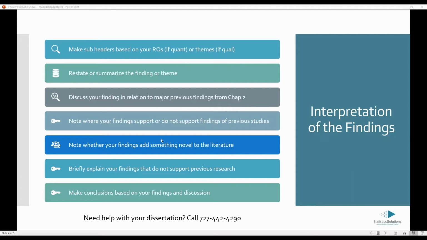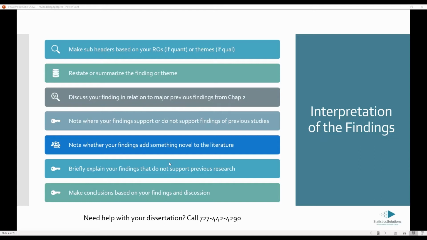But where your findings align with the findings of previous literature, you can make conclusions based on that. Where your findings don't align, that suggests some degree of inconclusiveness.